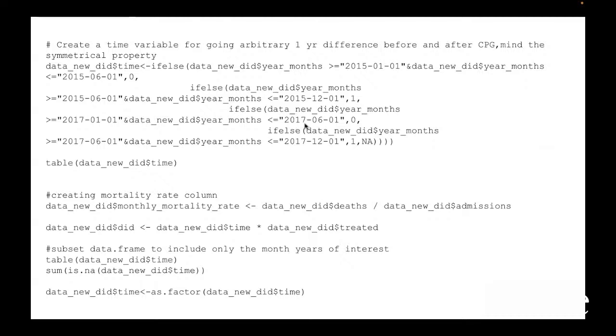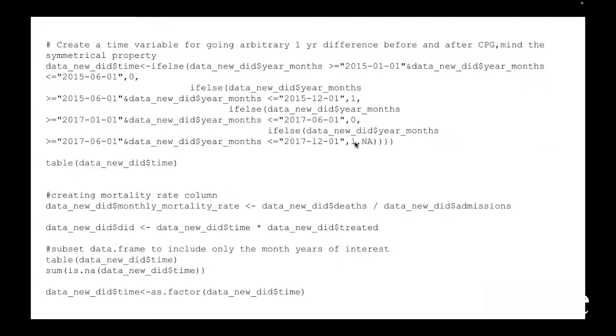I choose those participants who arrive from January 2017 to June 2017 and call them zero, and from June 2017 to December 2017 I call them one, as the treatment group. So one is the treatment group, zero is the control group.